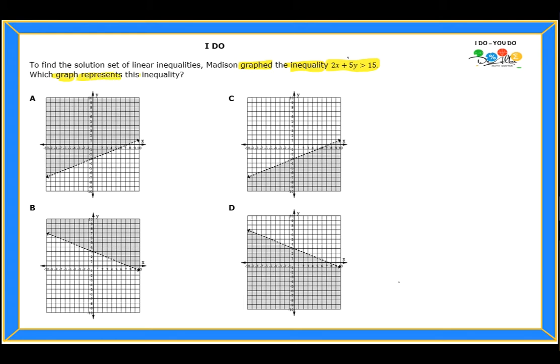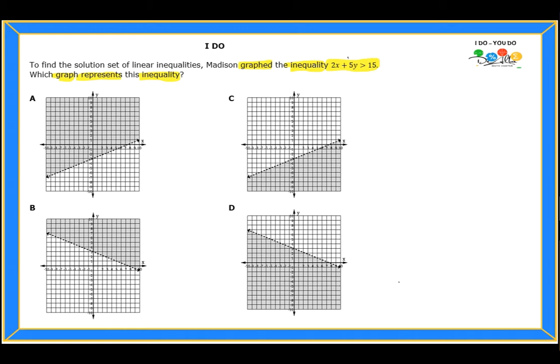represents that inequality. Okay, so some of the things that we can do is we can look at the graphs and we can start analyzing if it's shaded above, if it's shaded below, dash line, all that kind of stuff.